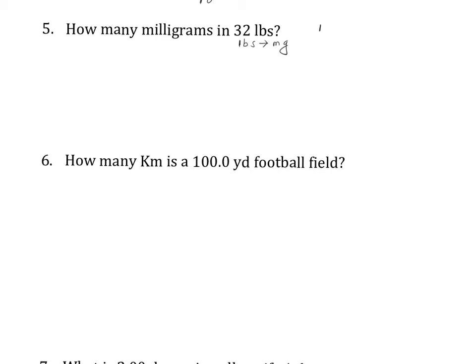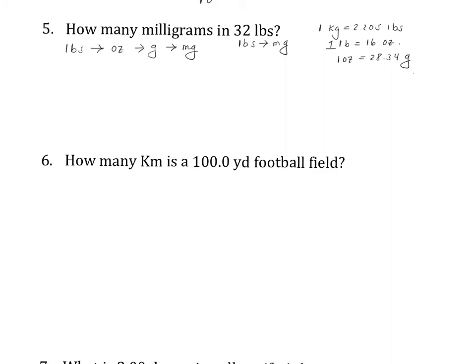We know that 1 kilogram is 2.205 pounds. 1 pound is 16 ounces. And 1 ounce is equivalent to 28.34 grams. And the route that we want to take in solving this problem is we want to go from pounds to ounces to grams and then to milligrams, given the piece of information that we're given.